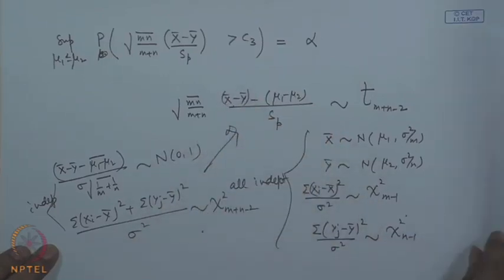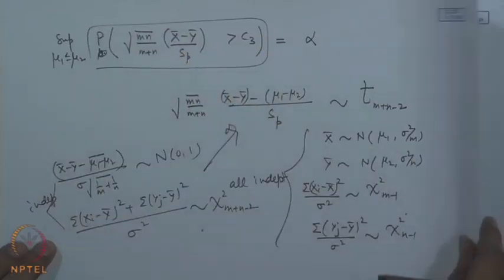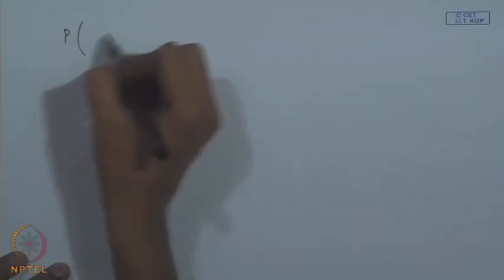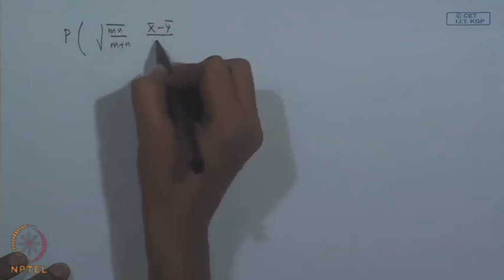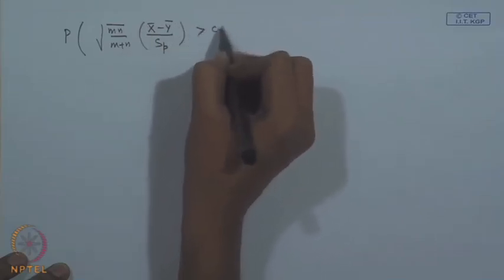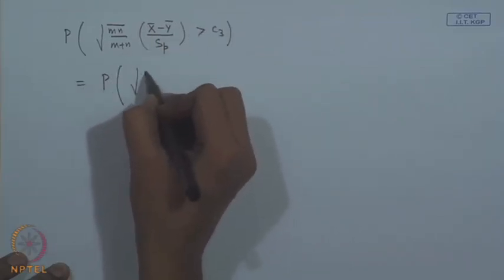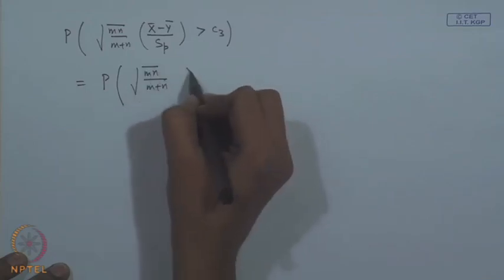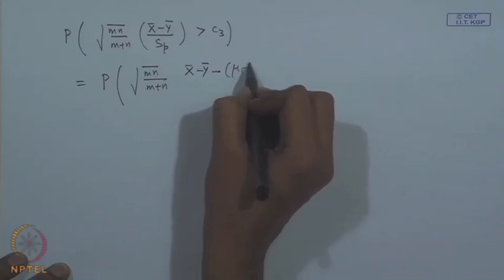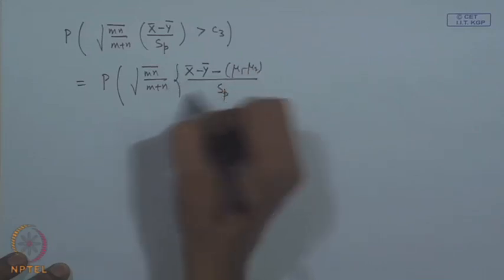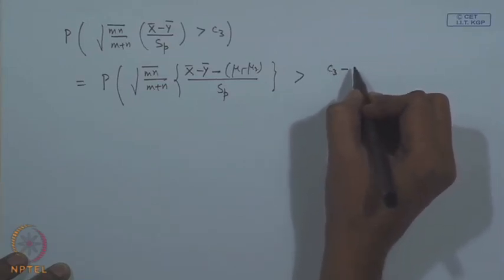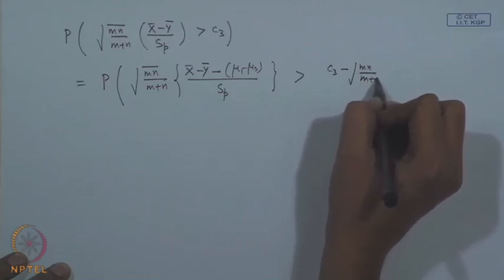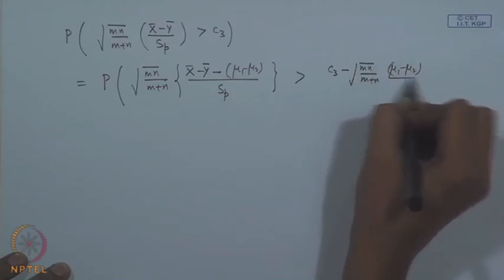If this is the t distribution, then this probability, if I consider the probability of root mn by m plus n times x bar minus y bar by s p greater than c 3, that is equal to the probability of root mn by m plus n times x bar minus y bar minus mu 1 minus mu 2 divided by s p greater than c 3 minus root mn by m plus n times mu 1 minus mu 2 by s p.